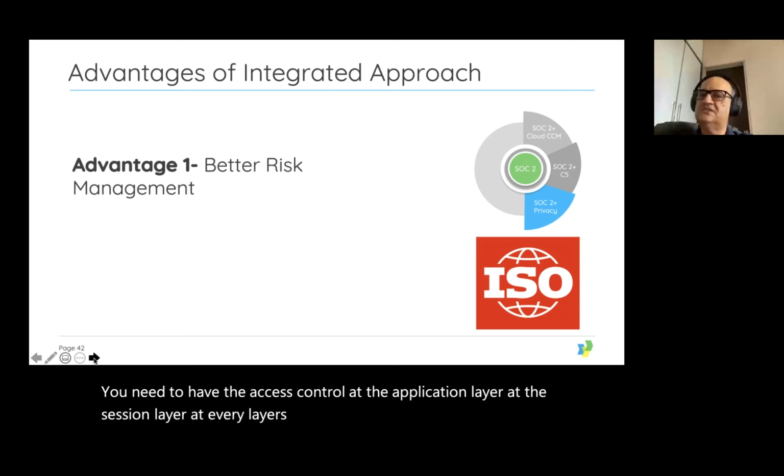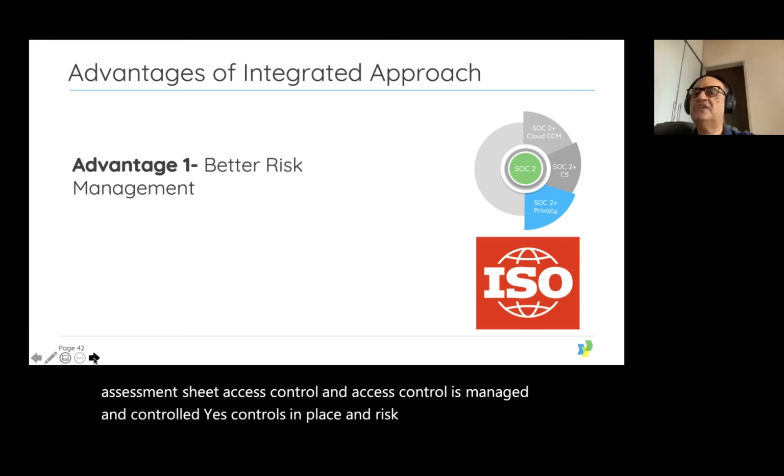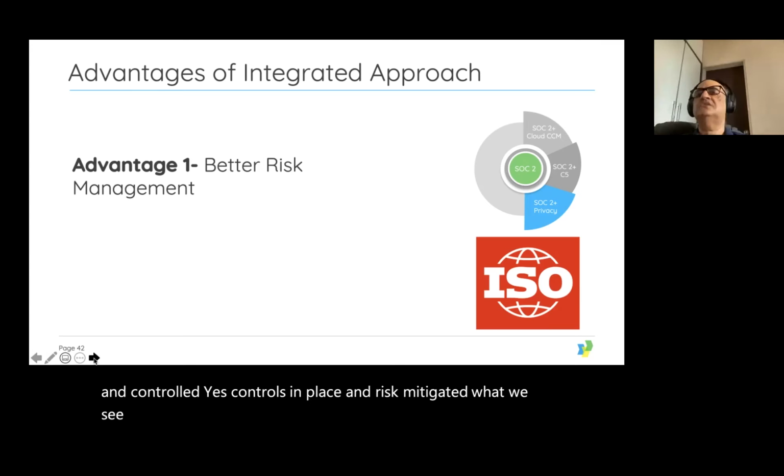So if you put in a risk assessment sheet that access control is managed, controls are in place and risk mitigated, what we see in many organizations does not work in practice.